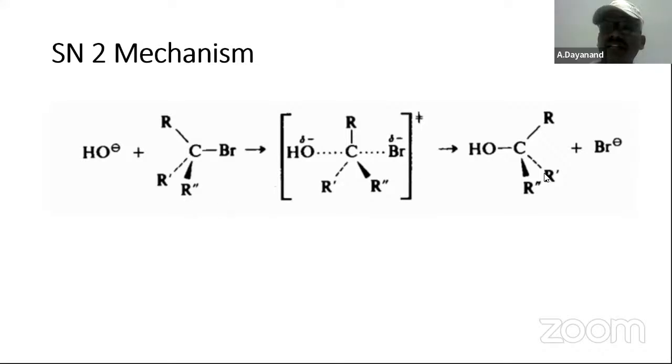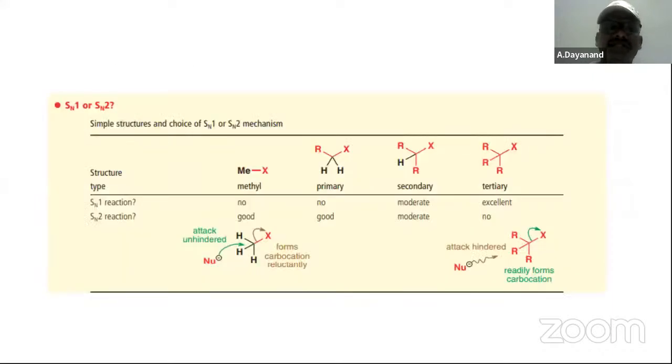If you take plus, you will get minus. If you take minus, you will get plus. Therefore, this inversion is called Walden inversion. Okay, SN1 and SN2 mechanism. SN1 reaction: methyl halide is a primary halide. Therefore, there is no choice for SN1 reaction, whereas it is very good for SN2 reaction, it is favorable.